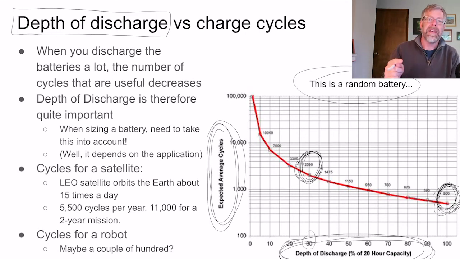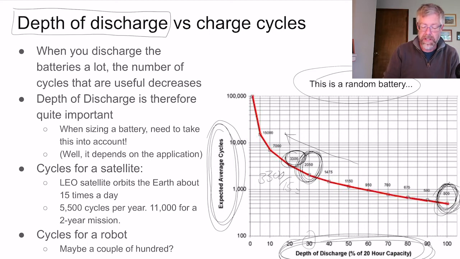So this really matters because it depends on where you actually are going to deploy your battery system. If you're deploying it in space, then what you really want is to move up this part of the curve here because you're going to get 15 charge discharge cycles per day. And so, if you go 3,000 here, you divide that by 3,300, you divide that by 15 charge discharges per day.